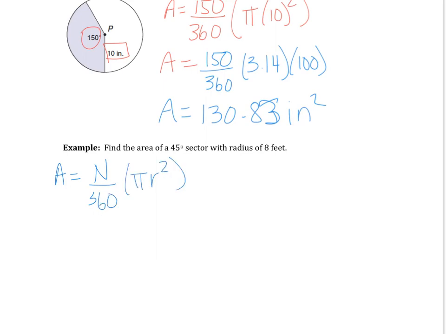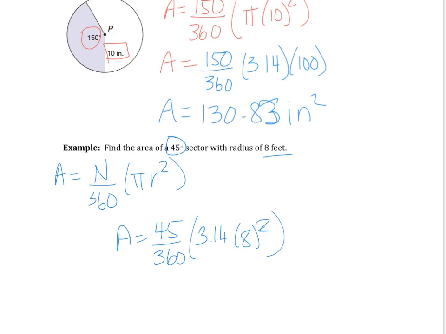Plugging in what we know, again, 45-degree sector is that n, so I'm going to have area equals 45 over 360 times 3.14 times my radius, which is 8 squared. Letting your calculator do the work for you, multiplying that all out, I get 25.12 feet squared.